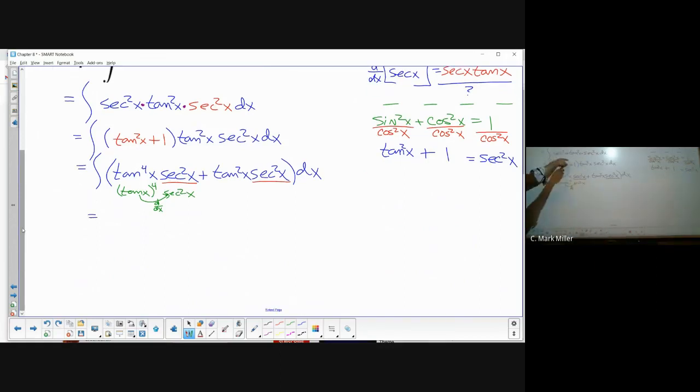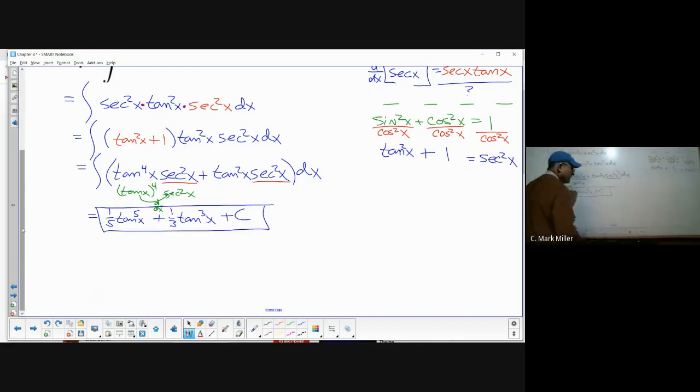Trig function to the next higher power, tangent fifth, divided by the new power, 5. Plus tangent squared times its derivative, tangent to the next higher power, divided by the new power, plus c.